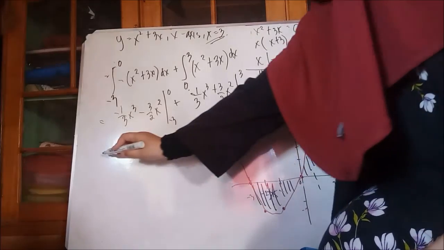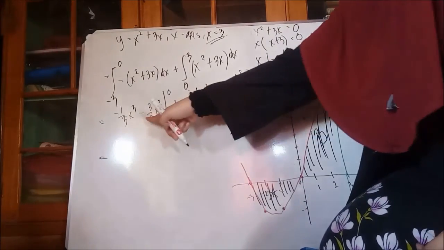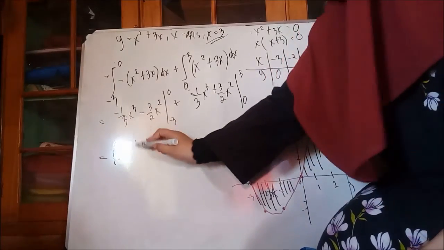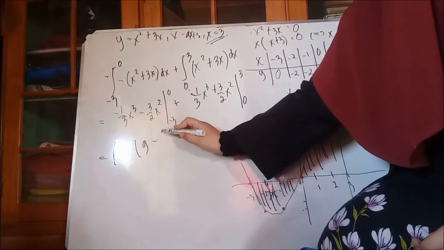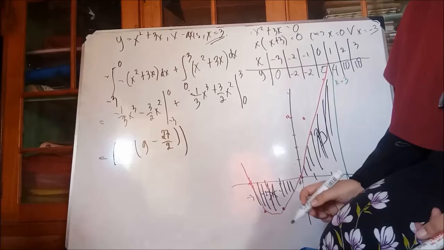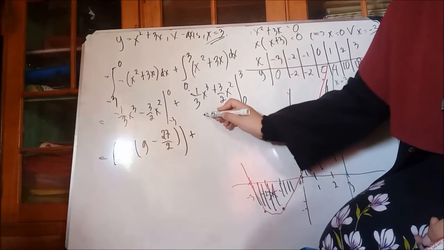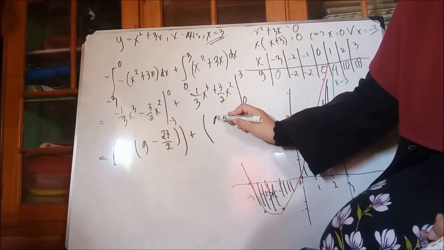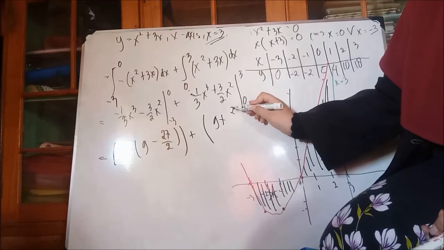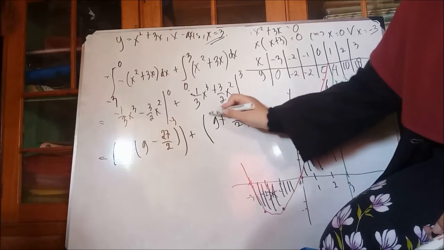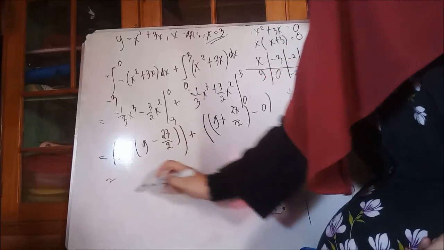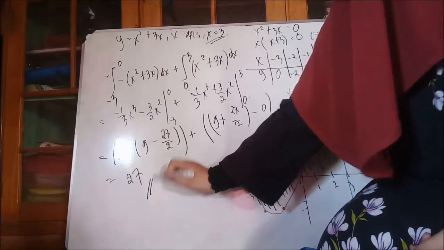And then let's eliminate this because this is 0. Then we have negative, 9 minus 27 over 2, right? And then plus, this is 3, so we have 9 plus 27 over 2, minus 0. So from here we can get 27.